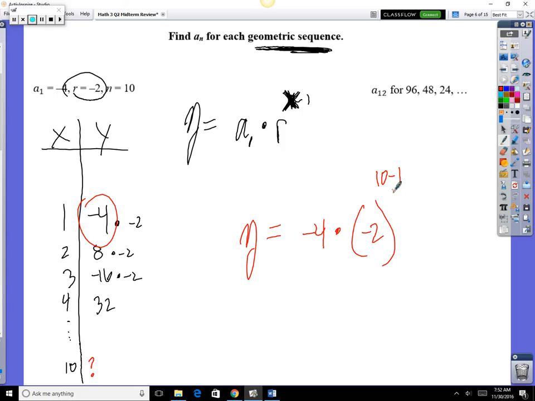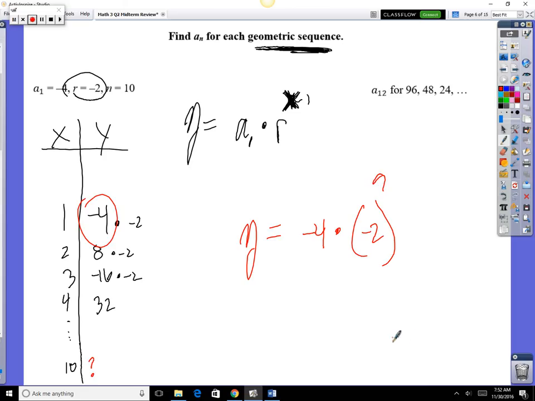I'm only going to times it 9 times. I'm not going to times it by a negative 2 10 times, because the first one is just there. So then you times by negative 2, then you times by negative 2. So you're only going to end up timesing by negative 2, 9 times. So here we go.